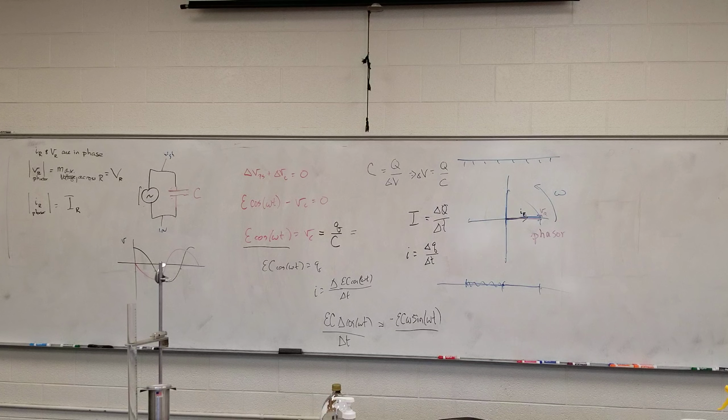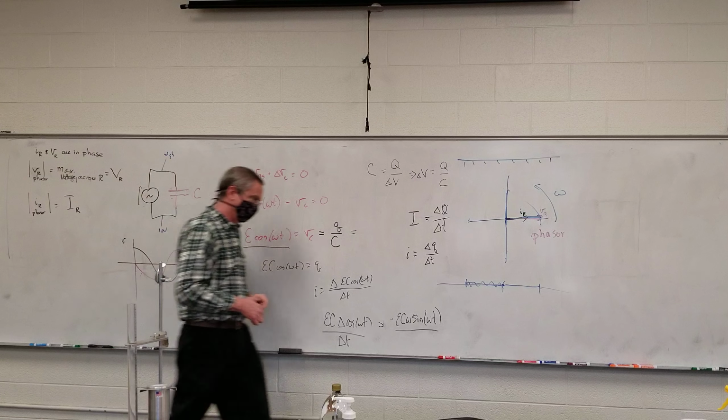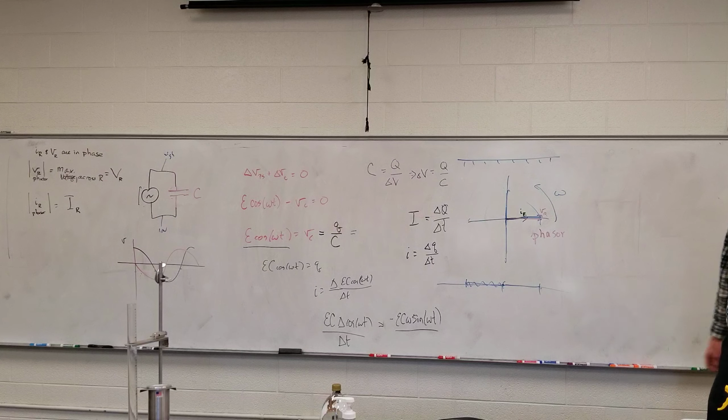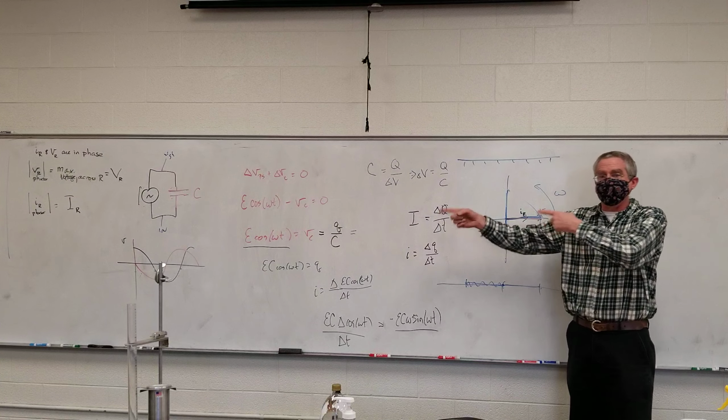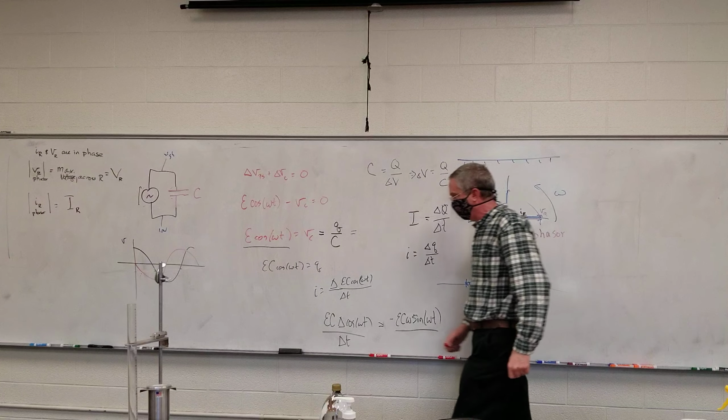Again, going back to this negative sign here. And this is my current. So my phasors are not in phase anymore. Those two graphs are not peaking at the same time, they're not troughing at the same time.